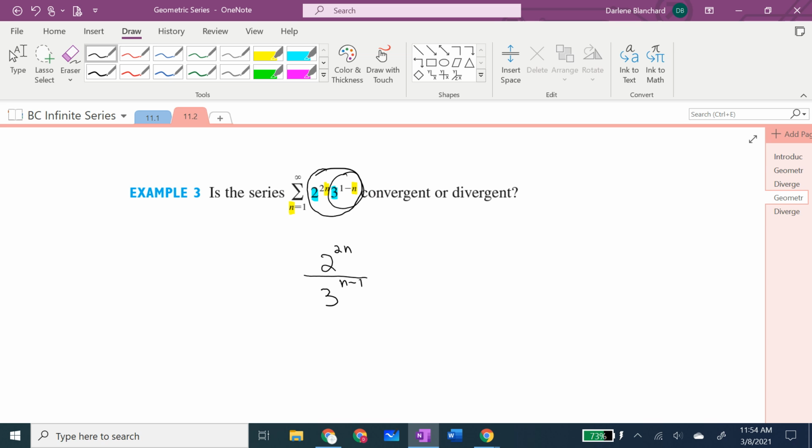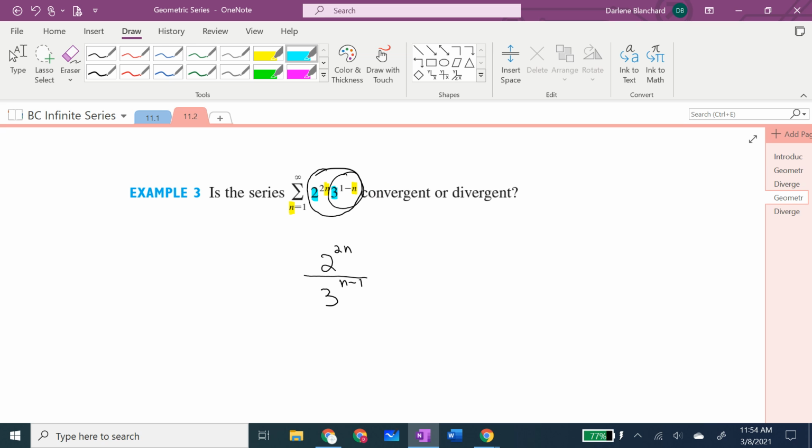But do you see the little thing in there that's hiding? Yep, that exponent is 2n, not n.